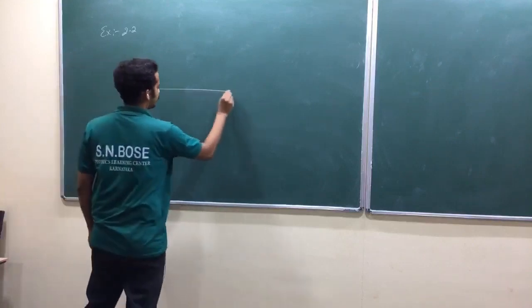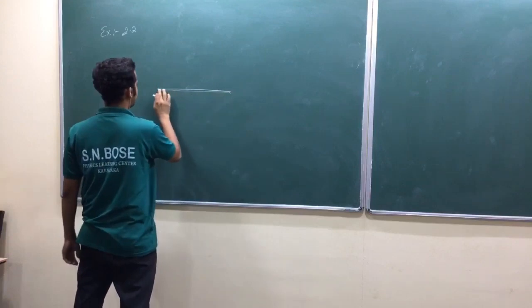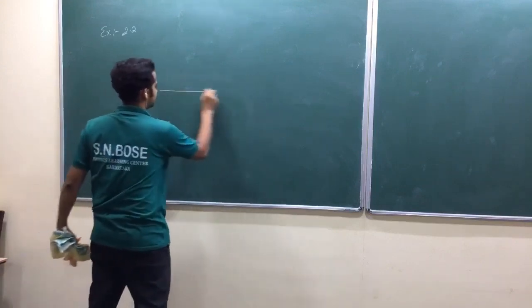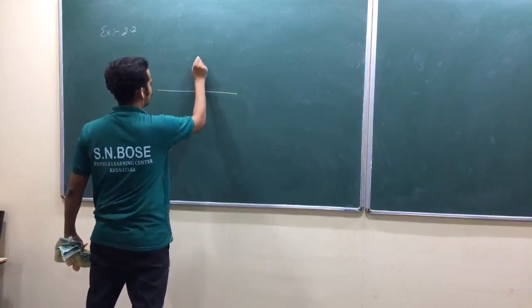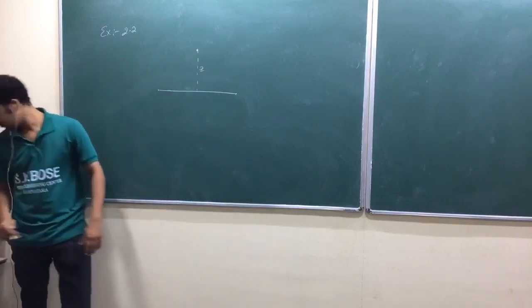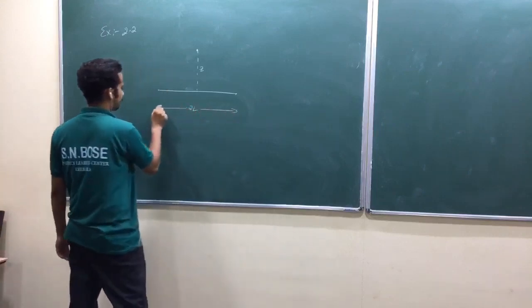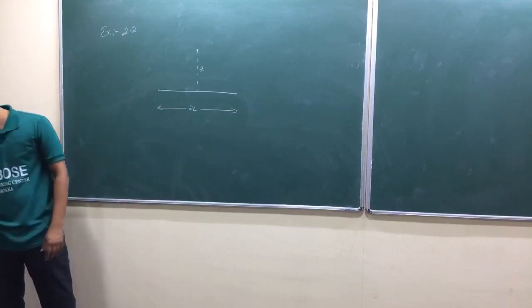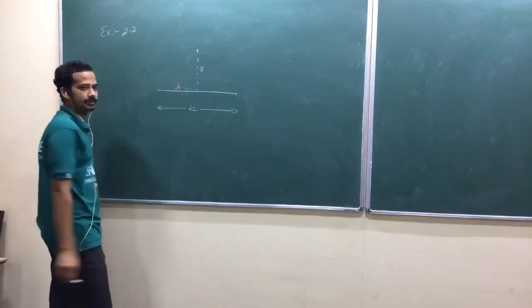I have a straight line segment of length 2l, okay? So at a distance z above the midpoint again. Total length is 2l here. And that is containing uniform line charge. He said uniform line charge lambda.